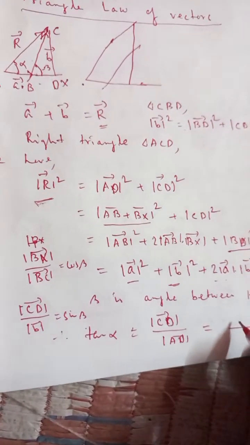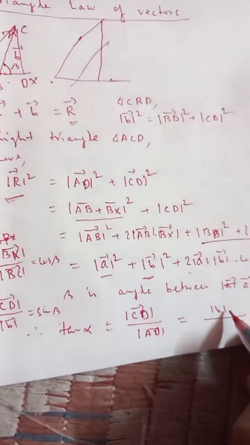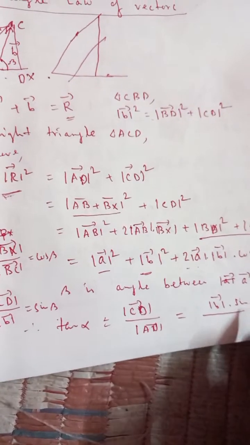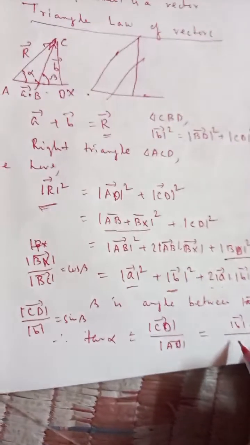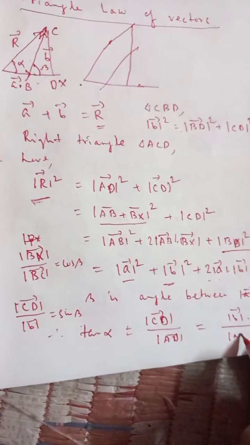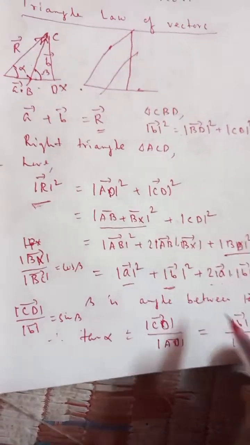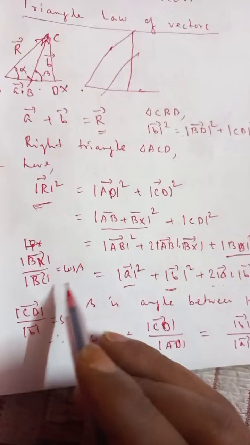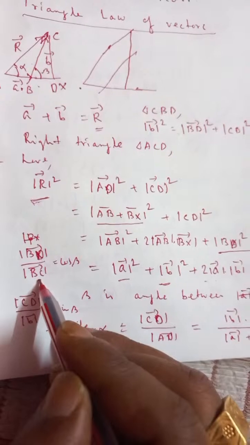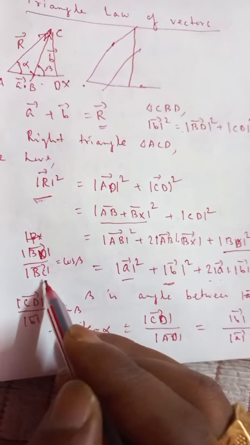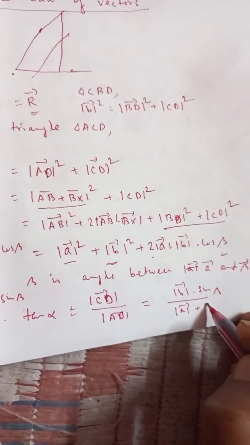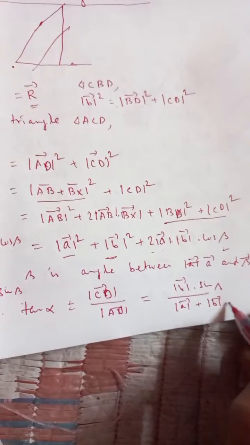So CD will be mod of B vector sin beta, and AD will be the sum of two vectors, mod of A vector plus mod of BD vector. So BD vector is equal to mod of B vector, or mod of BC vector, cos beta. So mod of B vector cos beta.